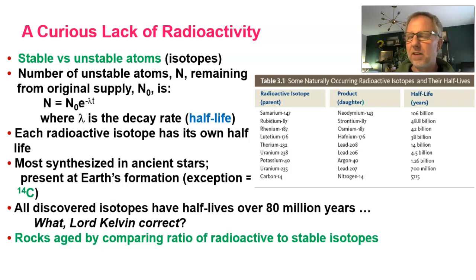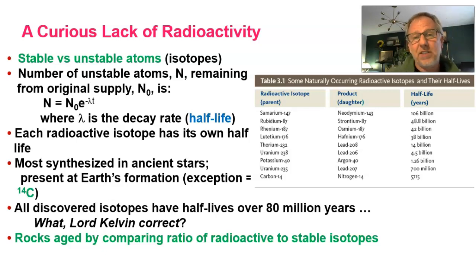So what this implies, getting to the title of this section, A Curious Lack of Radioactivity, is an absence of radioactive isotopes that decay relatively fast. There is a complete absence of radioactive isotopes that have half-lives less than 80 million years.